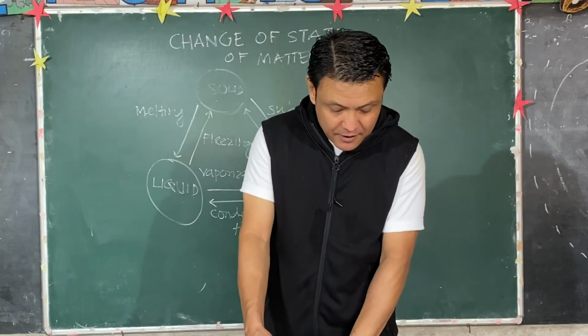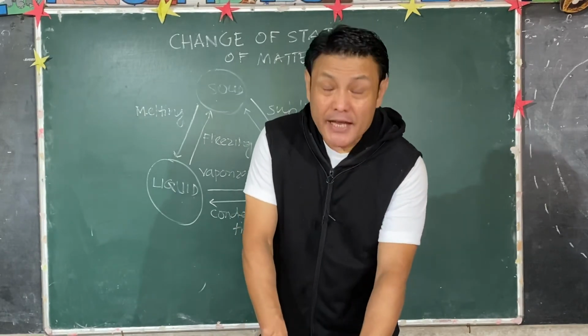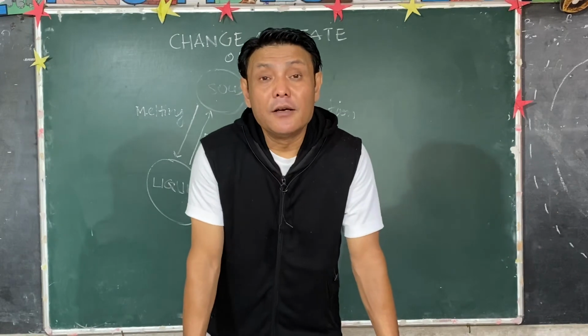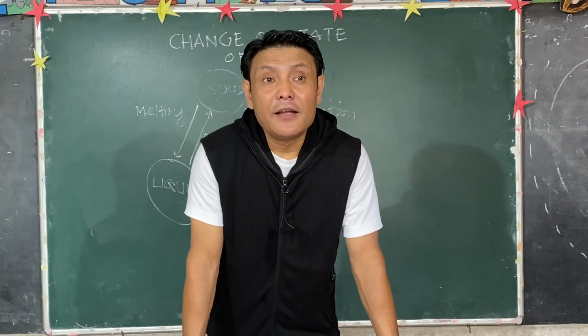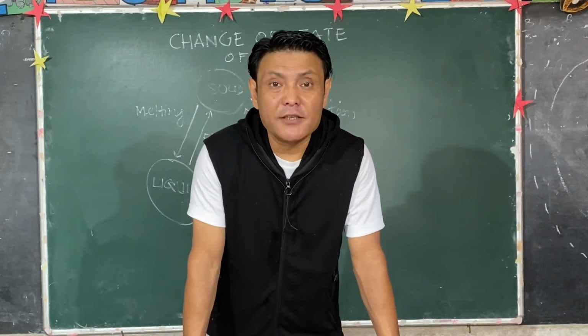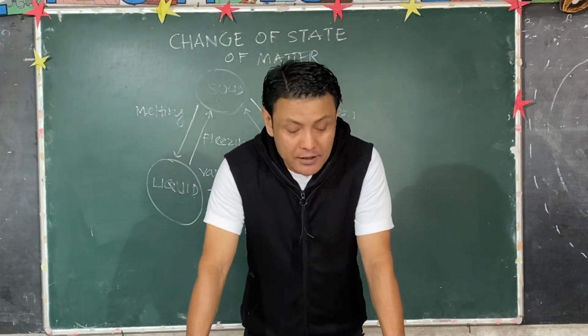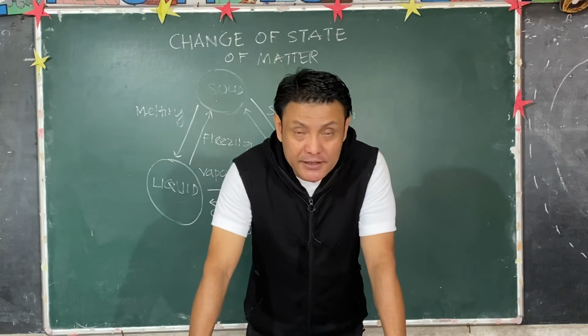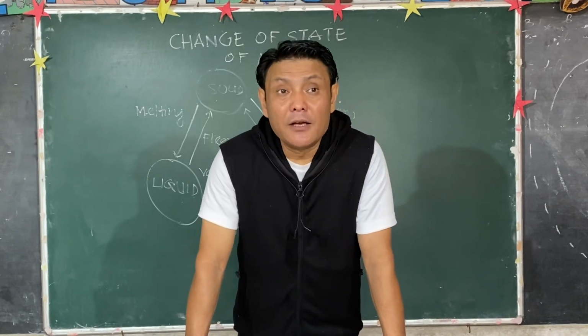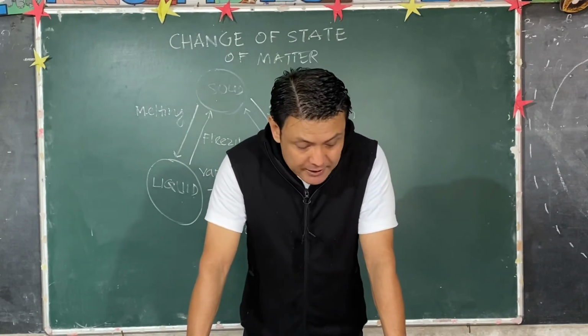New substances are formed, so there is an alteration in the chemical property of that particular substance. So therefore, it is a chemical change. A chemical change is a change in which a new substance is formed. So chemically it gets altered.